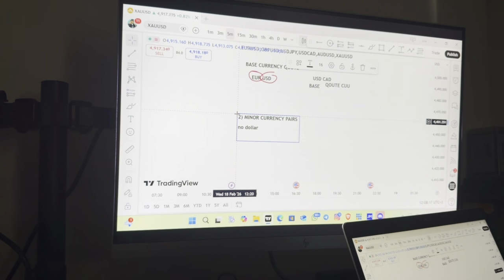Examples of minor currency pairs: Euro JPY, GBP, British pound versus Canadian dollar, British pound versus Japanese yen, Euro CAD, Euro GBP, CHF.